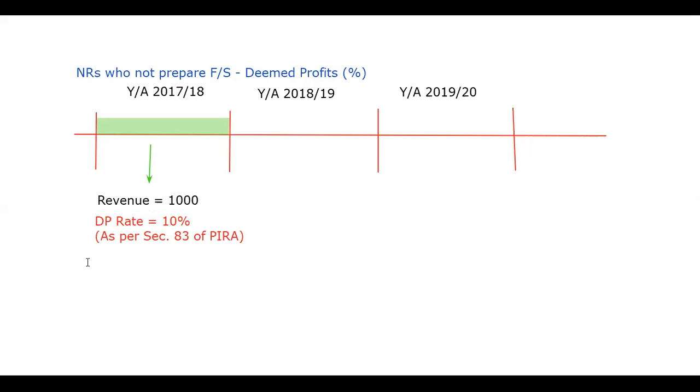Then the 10%. They are going to calculate now how much the deemed profit is. That is called the taxable assessable income from the business. The deemed profit is the assessable income from business.